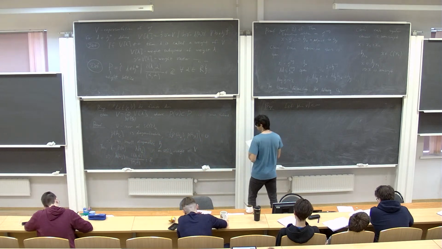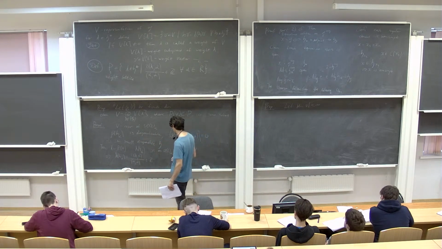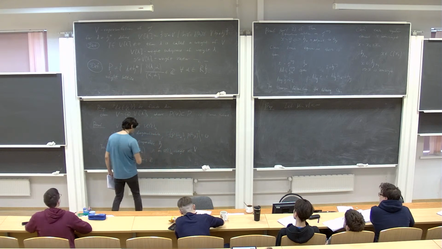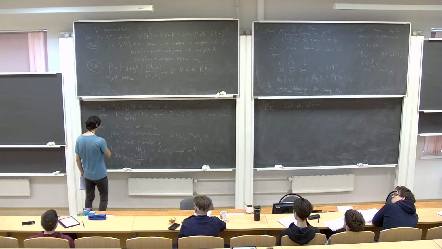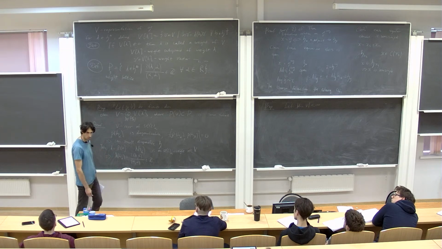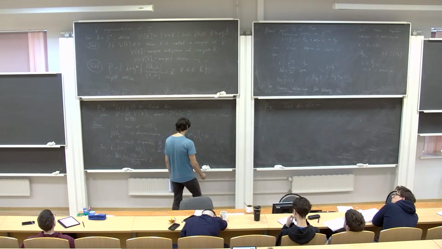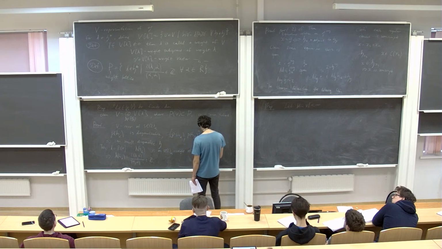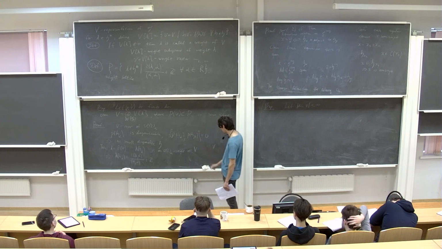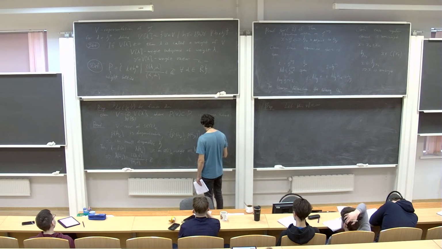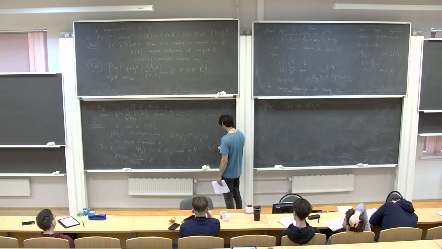Okay. So maybe a question is why this is a weight. It is a weight in here, right? It means that there is some vector v inside here such that if I apply h alpha, I get lambda of h alpha times v.